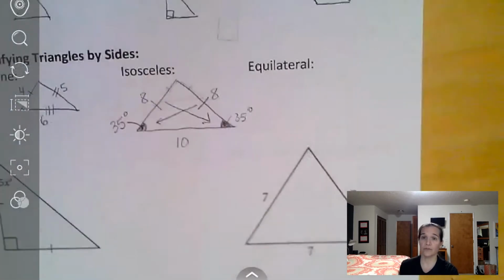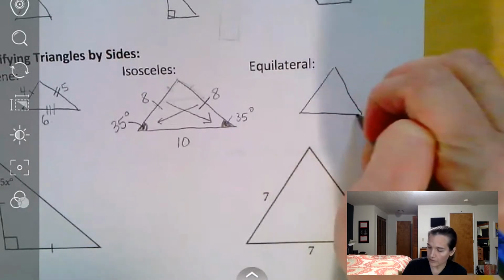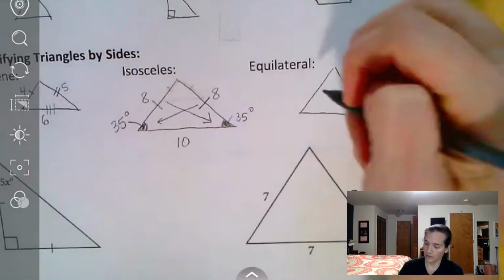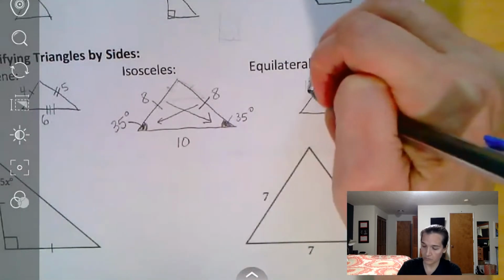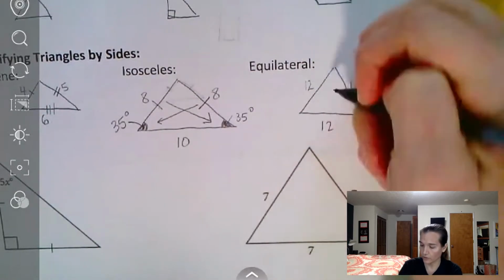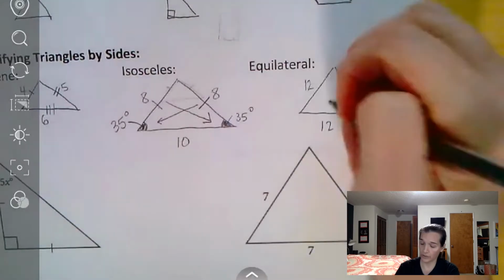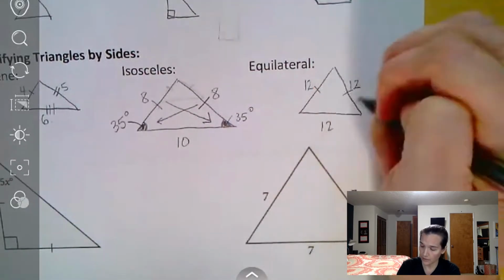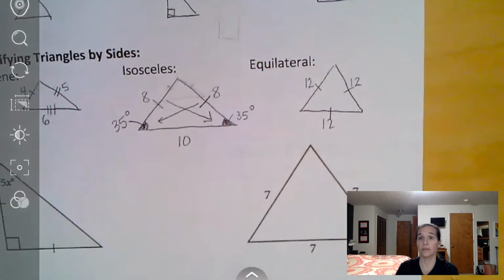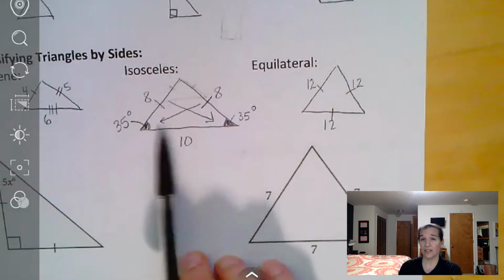And well, that goes for equilateral triangles too. Equilateral triangle has 3 equal sides. So maybe this is 12 centimeters long. That makes this one 12 and this one 12. And again, we can show this either with numbers, or we can put the tick marks through. Remember that angles across from equal sides are equal.